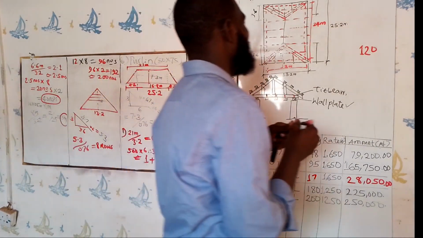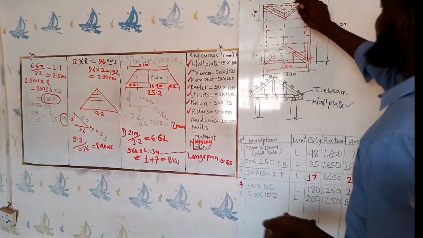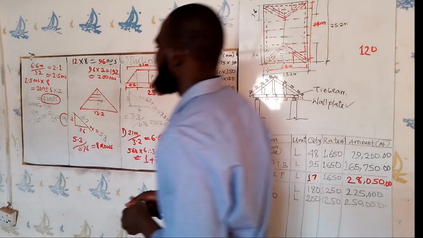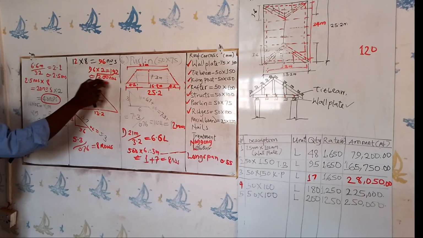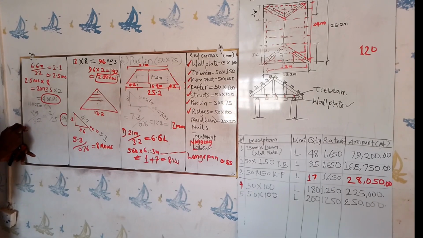You don't have any other thing to be considered. Everything is fully considered. So our answer will be 200 plus 40 plus 5. That's 245.